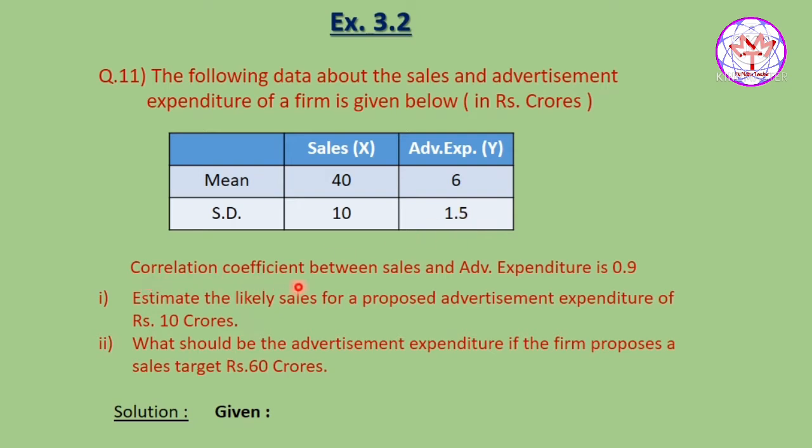Then correlation coefficient between sales and advertisement expenditure is 0.9. Estimate the likely sales for a proposed advertisement expenditure of rupees 10 crores. Then second sub question, what should be the advertisement expenditure if the film proposes a sales target of rupees 60 crores? Fine. So let us first write what is given.